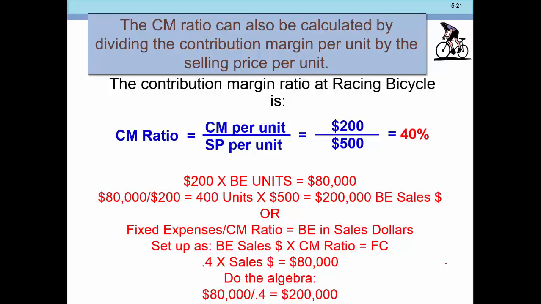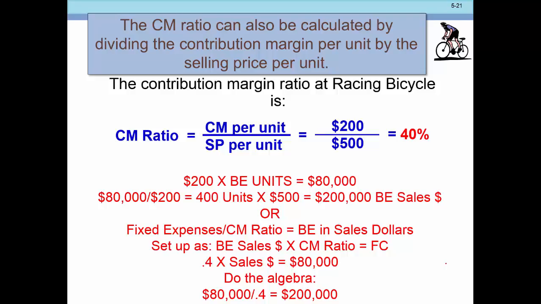Or we could have just used the contribution margin ratio: fixed expenses divided by the contribution margin ratio gives my break-even in sales dollars. But let's set it up as break-even sales dollars times my contribution margin ratio. 40% of every dollar first goes to my fixed cost and then my target profit if I had it, right?